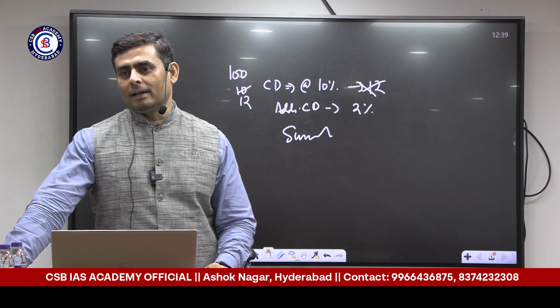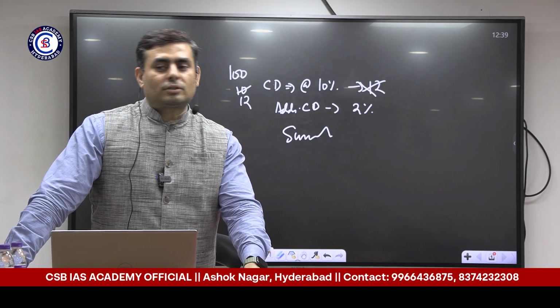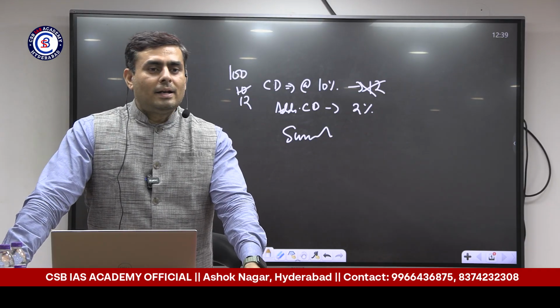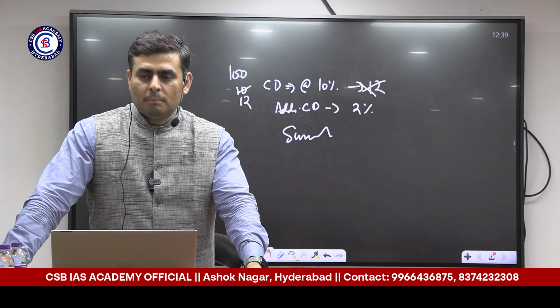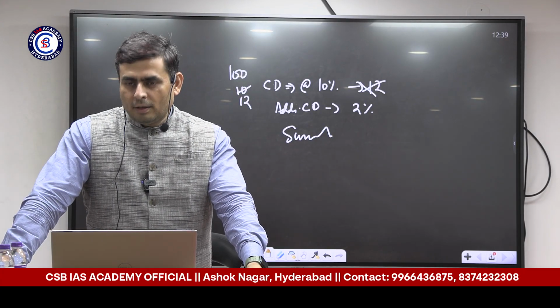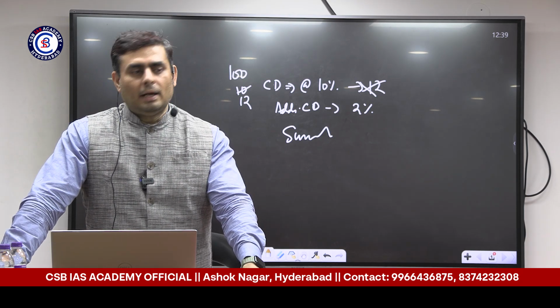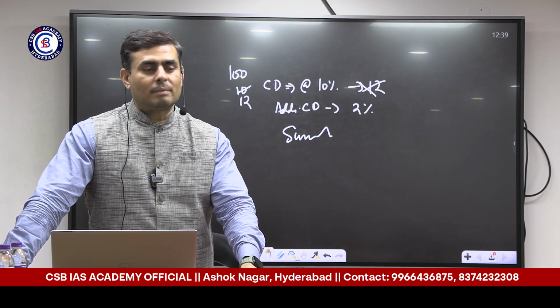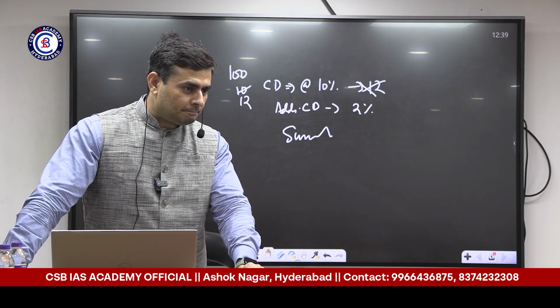The government said that whatever Harley Davidson bike comes, 100% custom duty. Suppose the bike is costed in Indian currency before reaching India. It started from the US, about to reach the Indian port, and while reaching the Indian port, the government said that whatever the cost is, 100% custom duty.